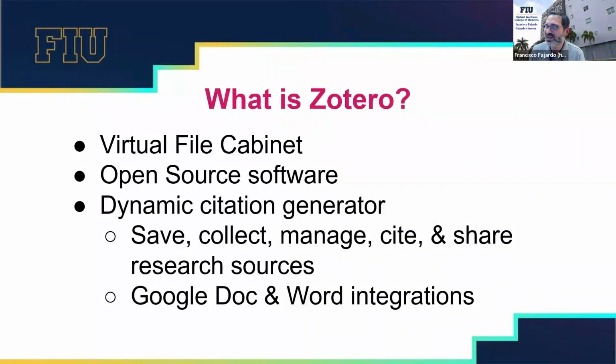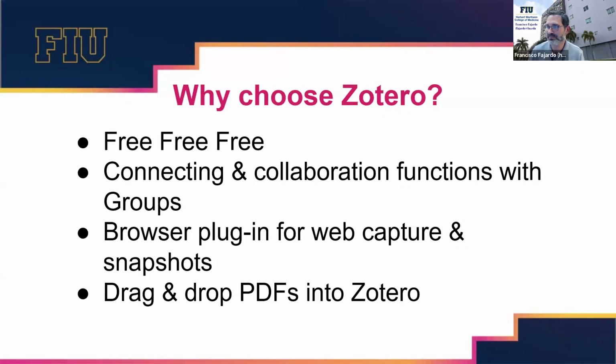Now, about some of the advantages and disadvantages, I'll hand it off to April. There are way more advantages than disadvantages to using Zotero. The first one is that it is free. It provides 300 megabytes of cloud storage for free, and you only have to pay if you want more: about $20 a year for 2 gigs, $60 for 6 gigs, and $120 for unlimited.